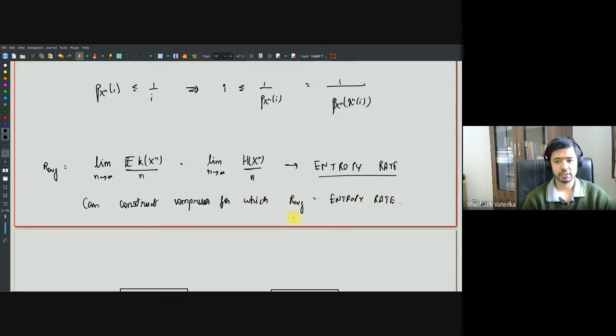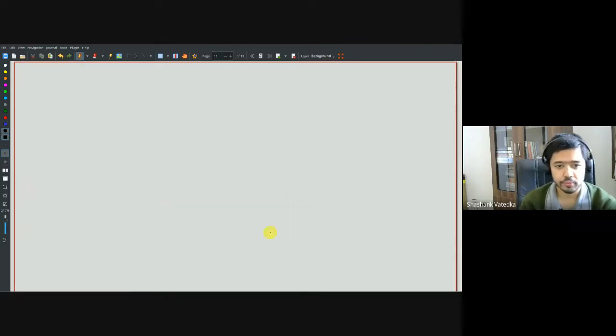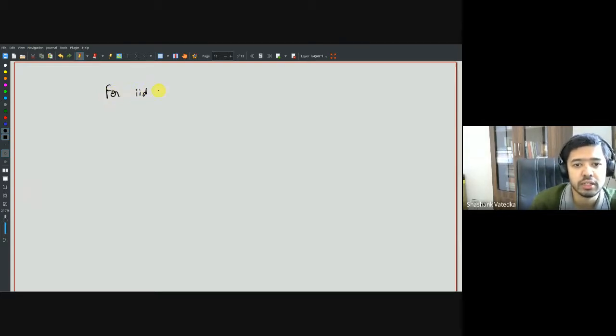For an IID sequence, we'll see that the entropy rate turns out to be equal to, for IID Xn, as we'll see shortly, the limit as n tends to infinity of H of Xn by n.